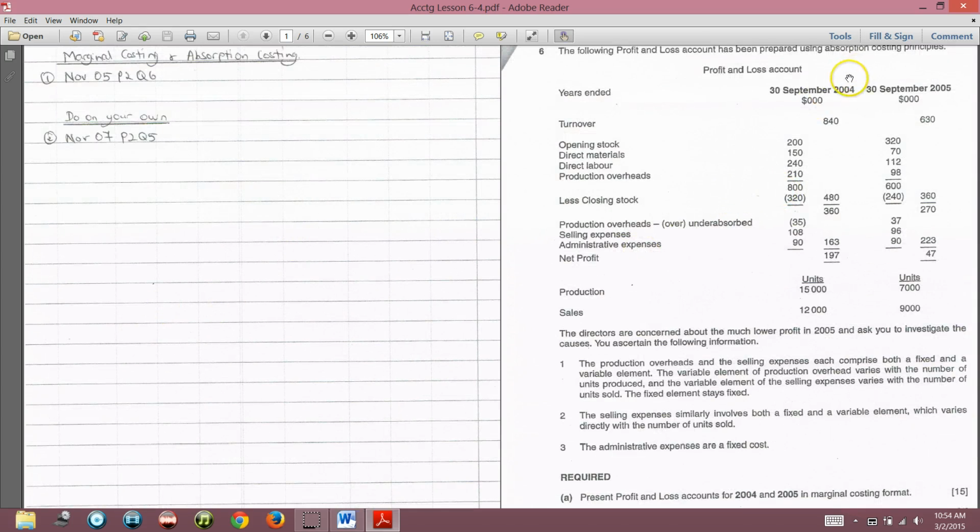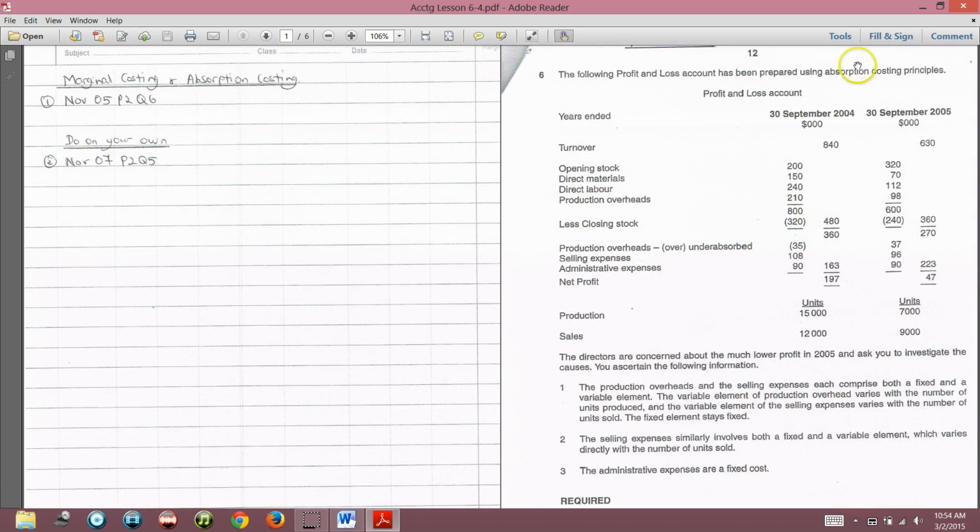Okay, we know from the previous videos that the stock, whether opening stock or closing stock, will include the direct material, direct labor, and absorbed production overhead.